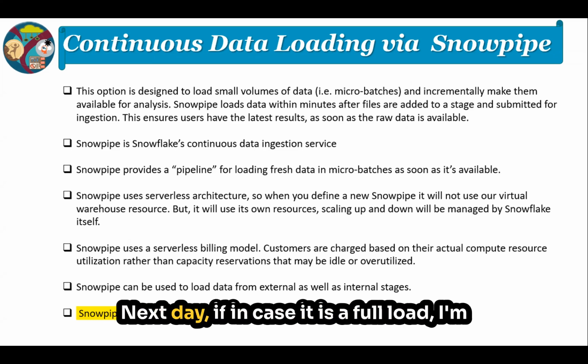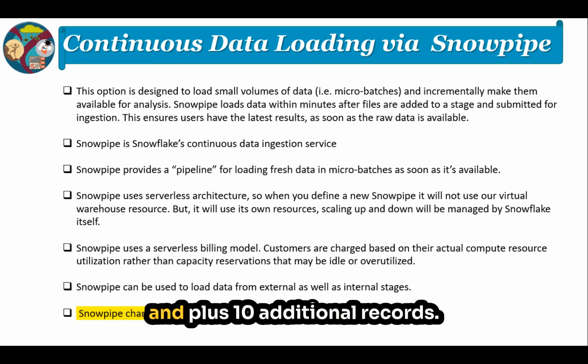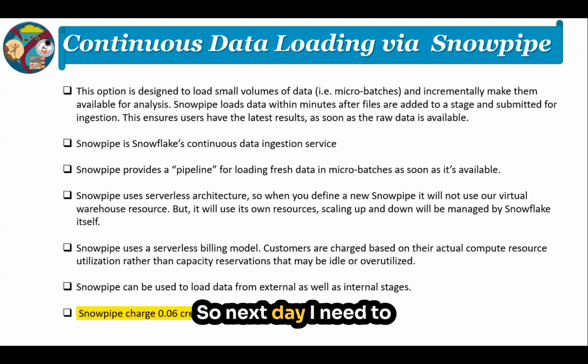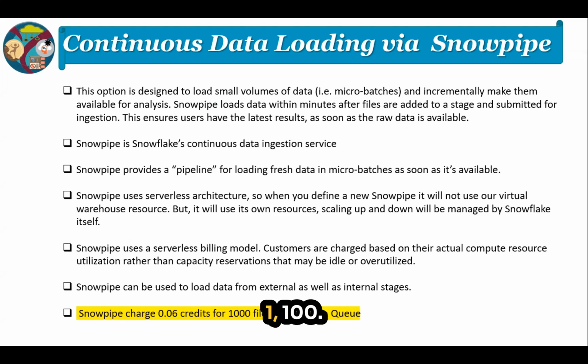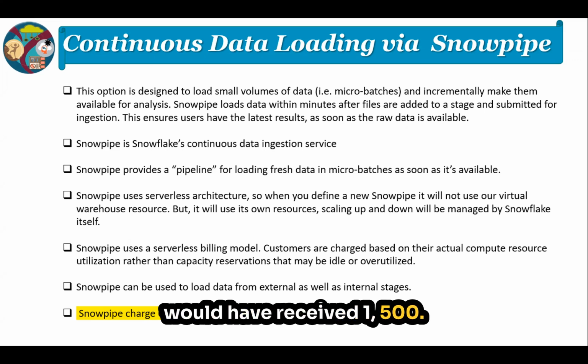Next day, if it is a full load, I'm going to receive 1,000 records plus additional records, a total of 1,100 records, so next day I need to load 1,100. Next day, the third time, I would have received 1,500.